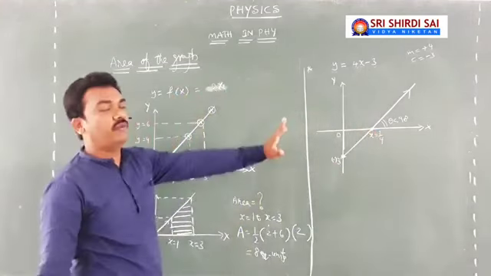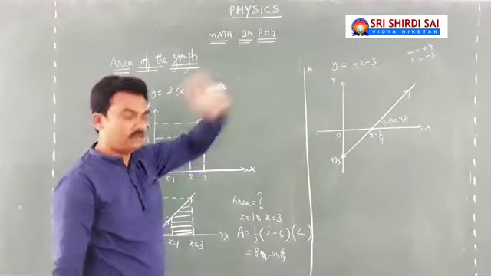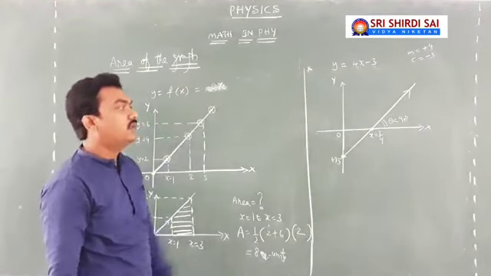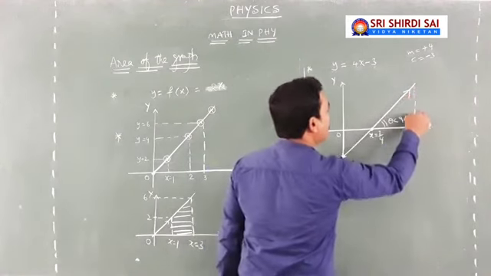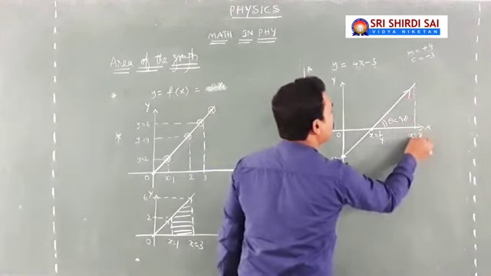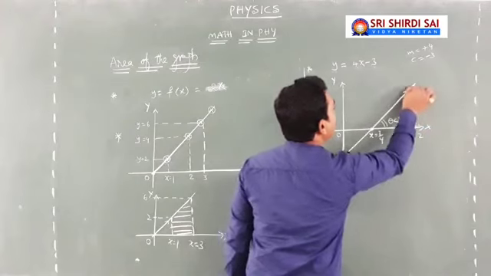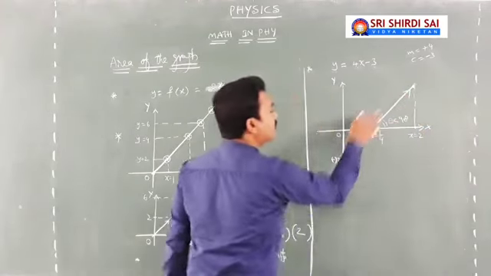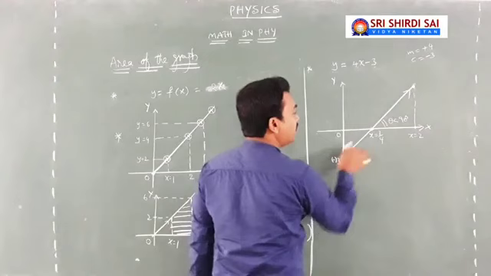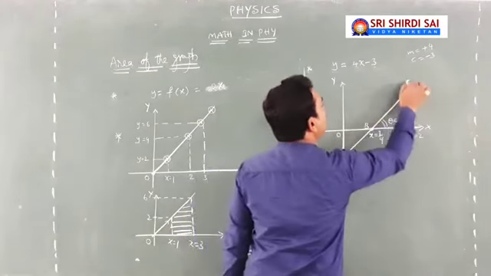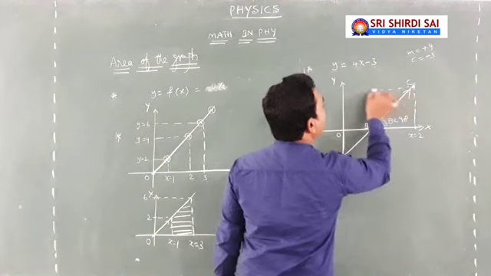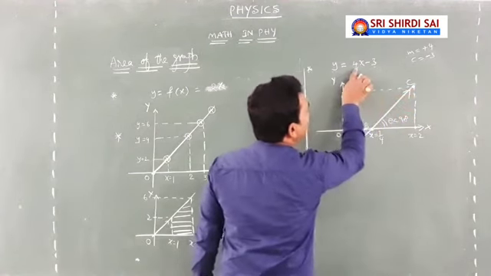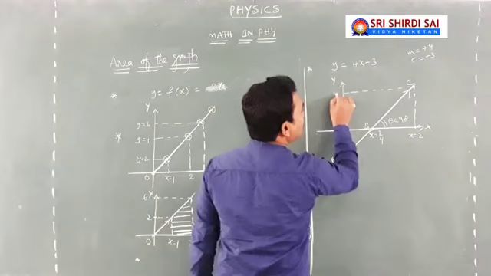So this is the graph for y equal to 4x minus 3. Then there is a question for you. For example, here is some x equal to 2. So this is your graph. Let me name it A, B, C. Let us take x equal to 2, then y equal to 4 twos are 8 minus 3, that is 5.